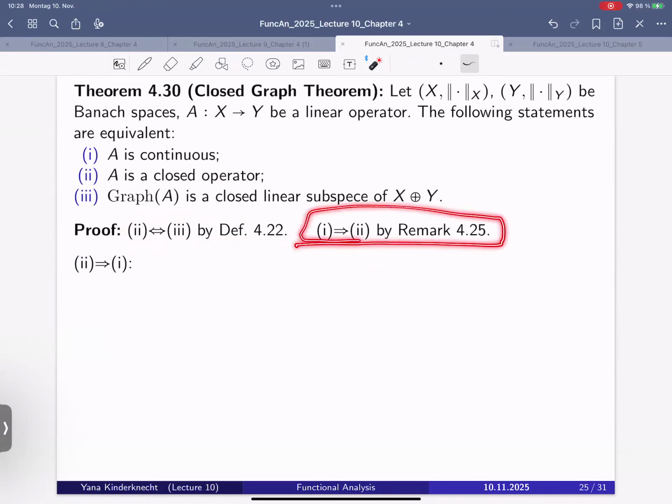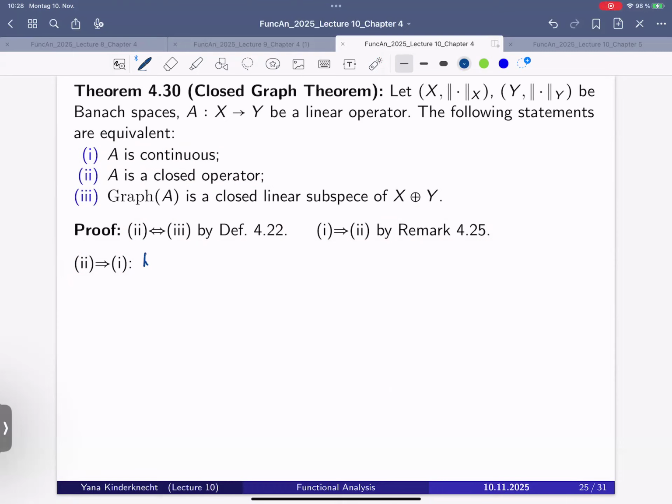We have already discussed it last time and also today a little bit, that if an operator is continuous or bounded, which is again the same for linear operators, then continuity implies closedness. So let us show the inverse direction, that closedness implies continuity. This I will write down.